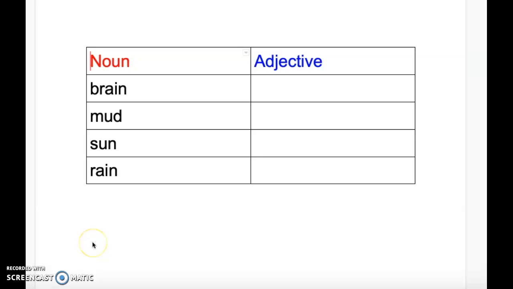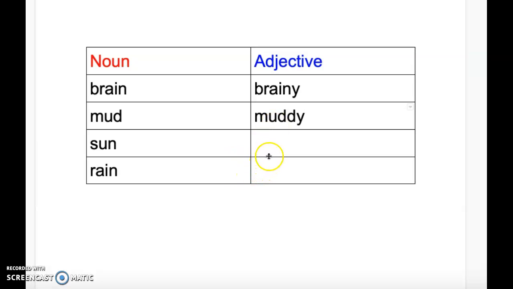Another way we can be more descriptive is we can go ahead and make nouns into adjectives. Instead of saying that someone has a good brain, we can just say that they are brainy. We add a Y, a suffix Y. Instead of saying that there is mud outside, we could say it is muddy outside.